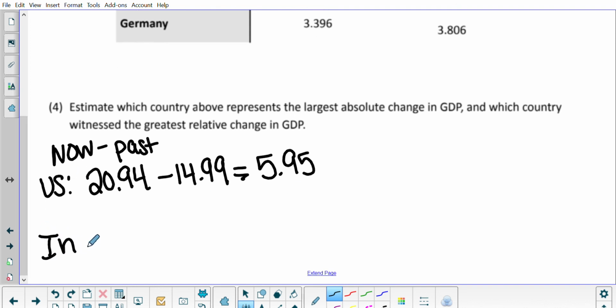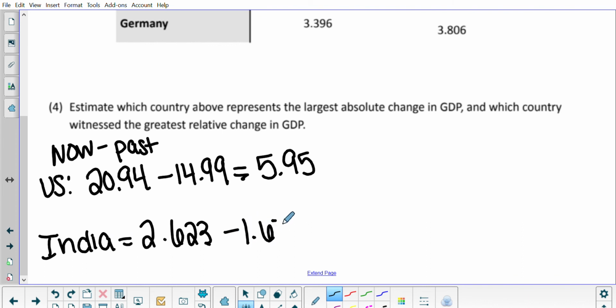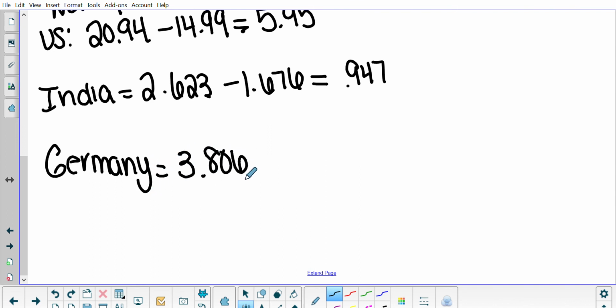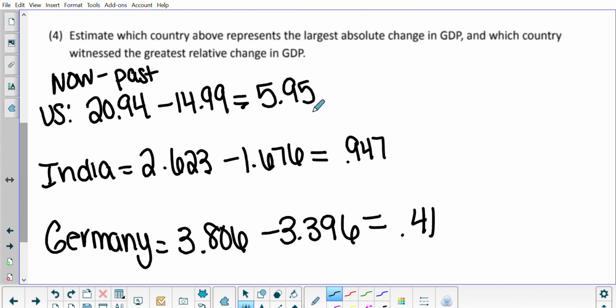India is 2.623 minus 1.676, and we get 0.947 trillion. And Germany was 3.806 minus 3.396, and we get 0.41. So the greatest absolute change was US.